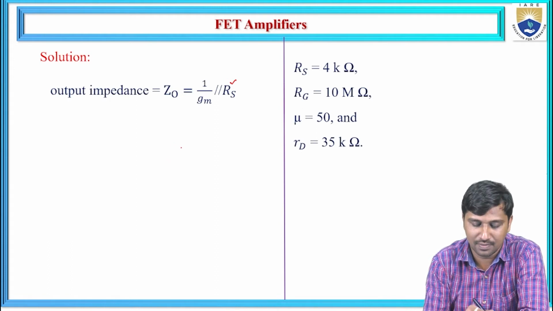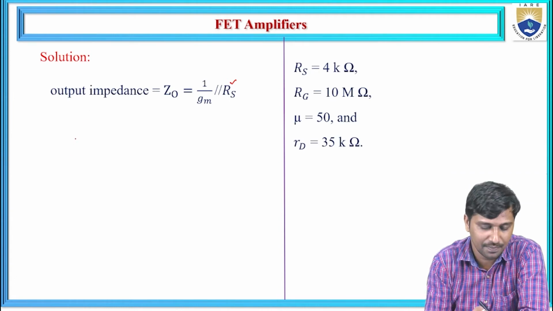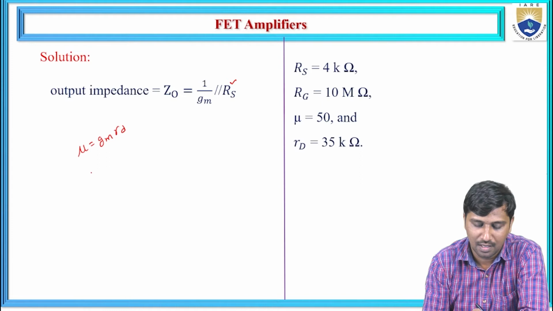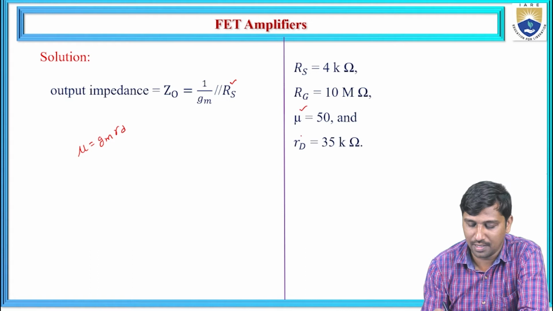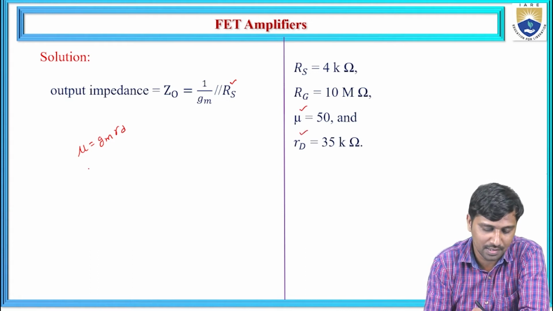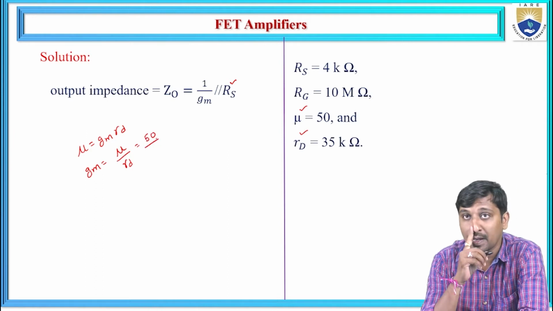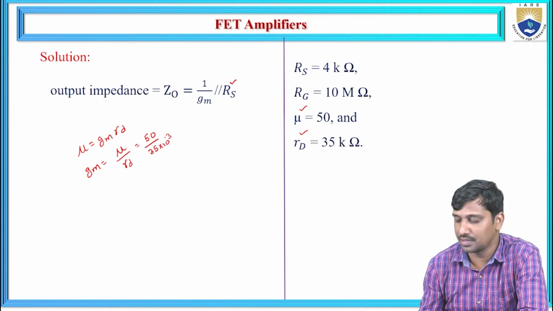To understand this, from the characteristics of the FET, we have the relation mu equals gm times small rd. In this relation, the known parameters are mu and rd, and the unknown parameter is gm. So we should calculate gm. gm is equal to mu by rd, where mu is 50 and small rd is 35 kilo ohms, that is 35 into 10 power 3.